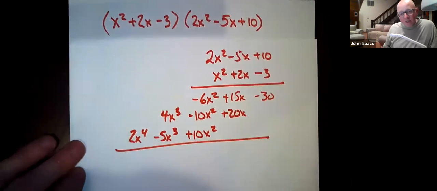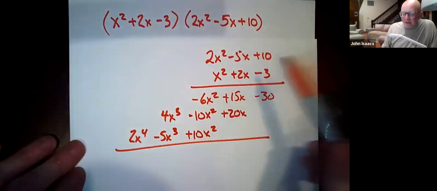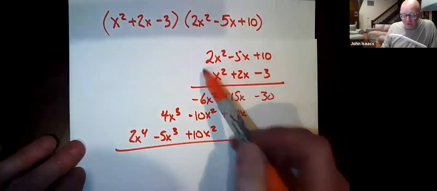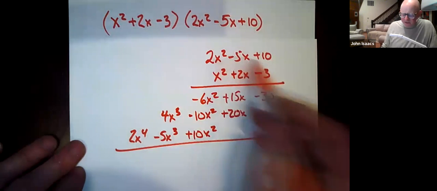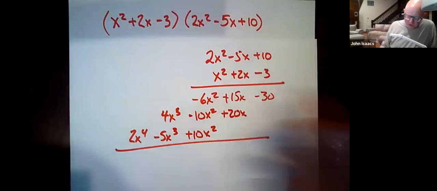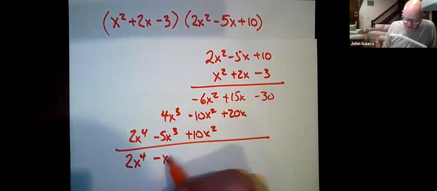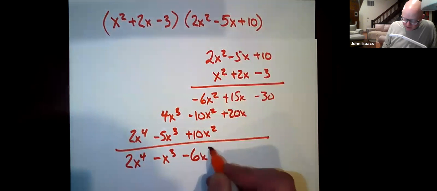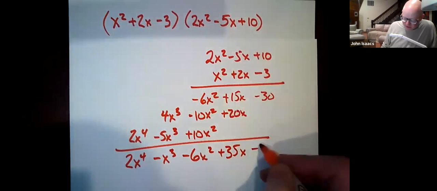Right. What's nice about this system is all of our like terms are stacked if these two things follow a pattern of being like each other. It doesn't always wind up stacked if that's not the case. And then we just add down. So we wind up with 2x to the fourth minus x to the third. These 10x's cancel, minus 6x squared plus 35x minus 30.